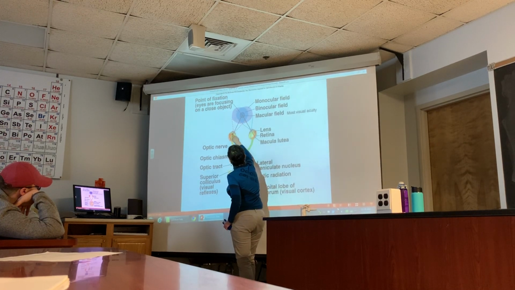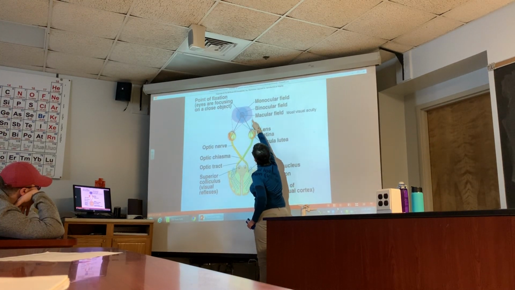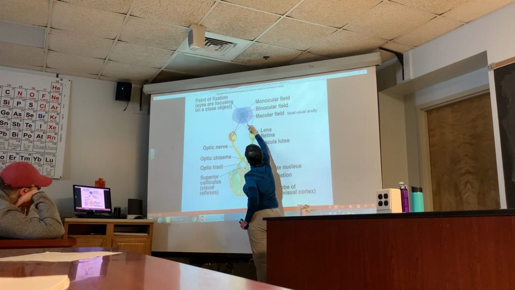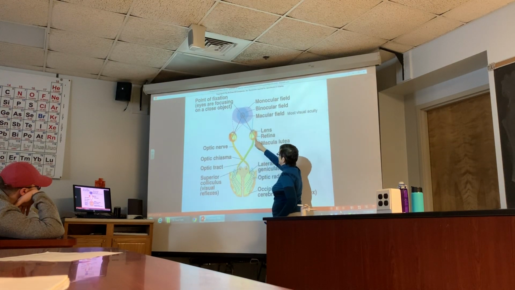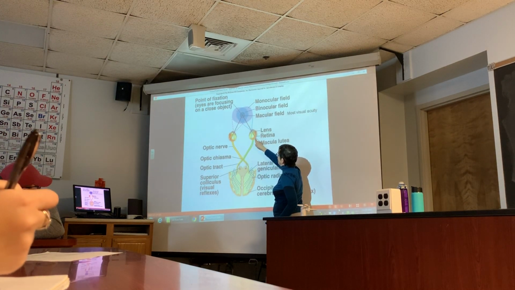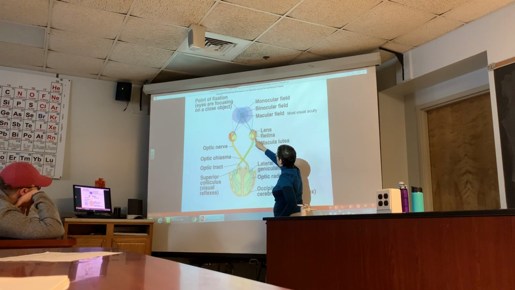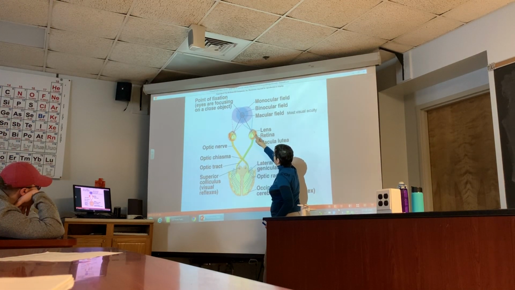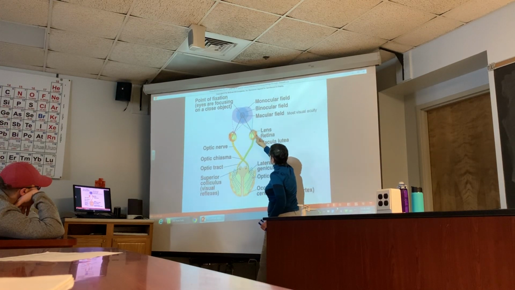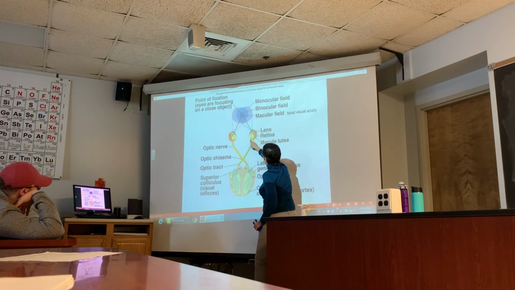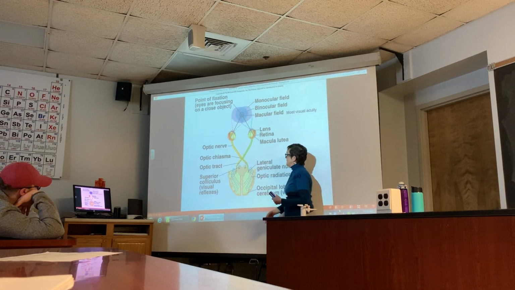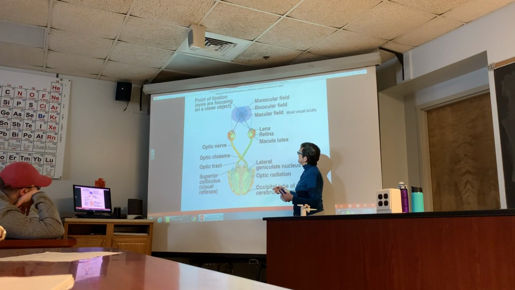So that's where the light is going, and here the blue lines represent the fovea centralis, where you're getting central vision, and that's that macular field, and then the peripheral field here. Light from this way is coming in this way, light here is coming in this way, and of course the image being reversed and all that.